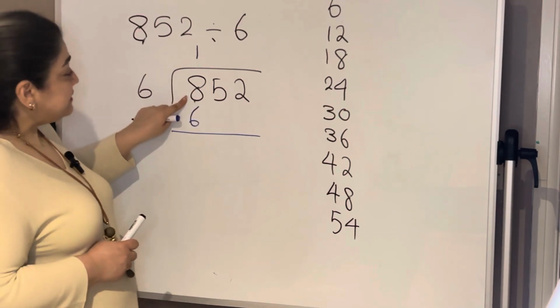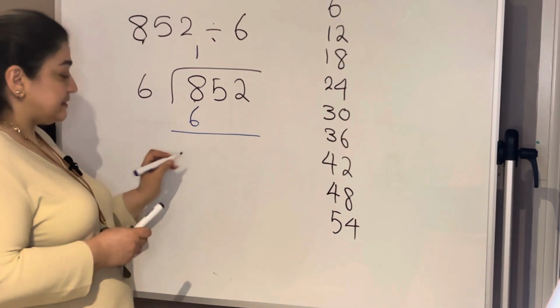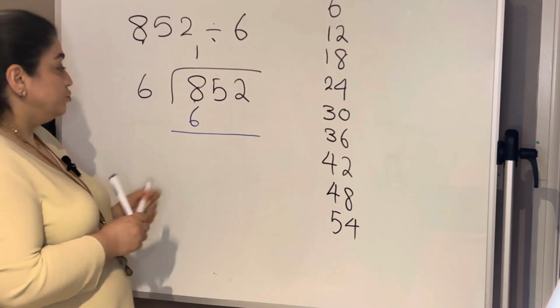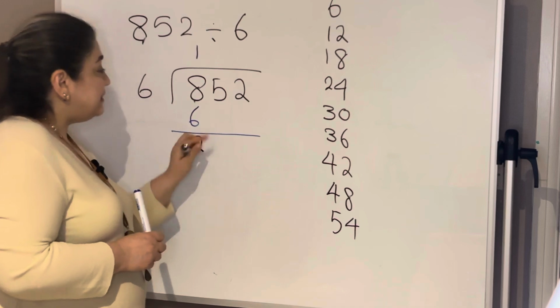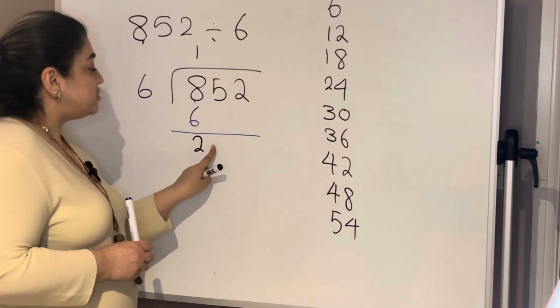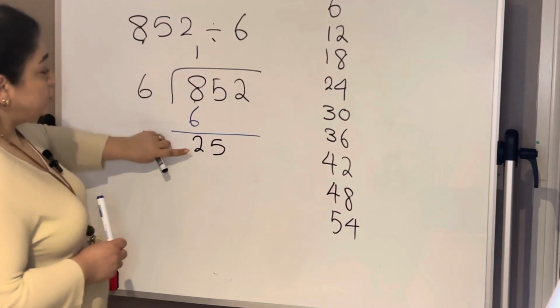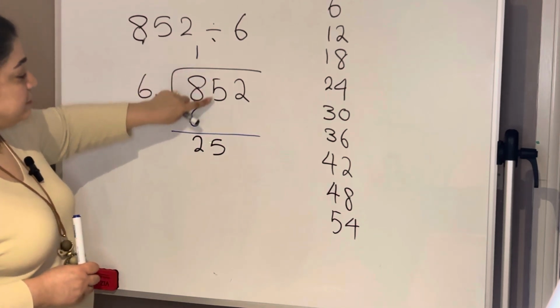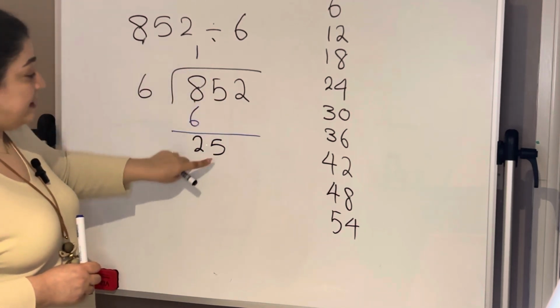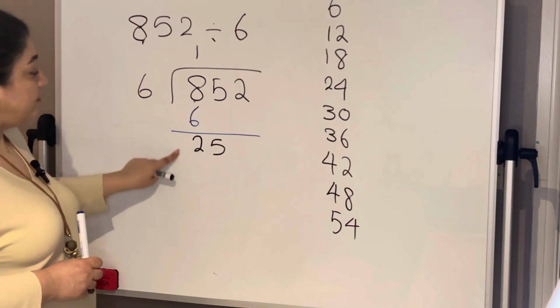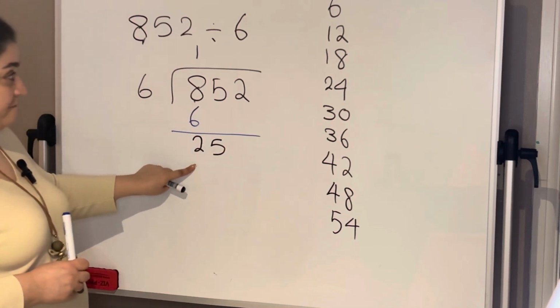So 8 minus 6 is 2, okay? And then I put the next number here. So the number changed to 25.